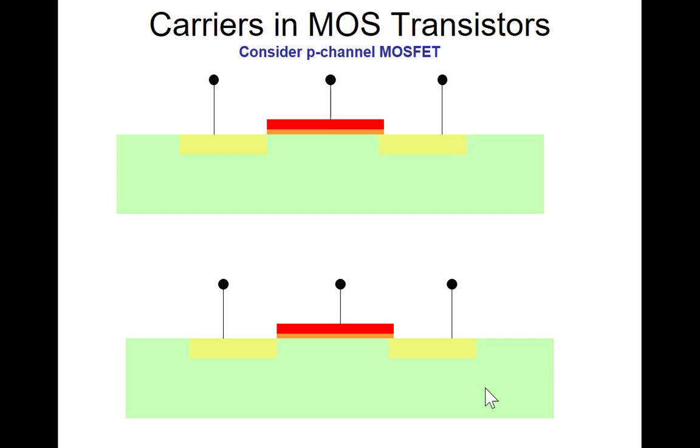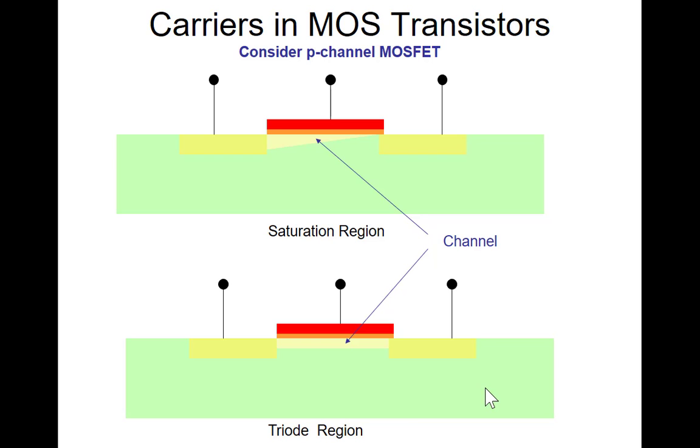If you have a p-channel MOSFET, we still create an inversion layer to get current to flow in both the saturation region and the triode region. And there's a channel. And if that's an electrically induced p-type region, the carriers are what? Holes.